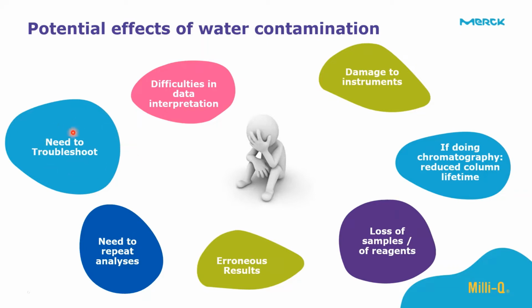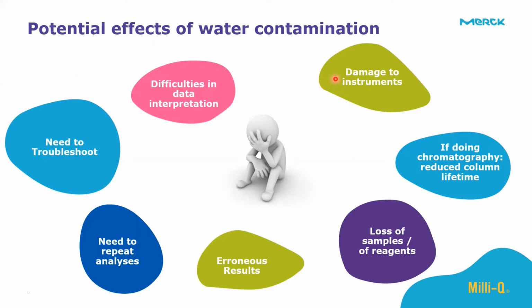There is also the need to troubleshoot when the scientist sees that there's something going wrong, and this may take a lot of time as well. The erroneous data that you get here, of course, will be very difficult to interpret before you know that something is wrong. Also, a very costly effect here is the damage to the instruments.